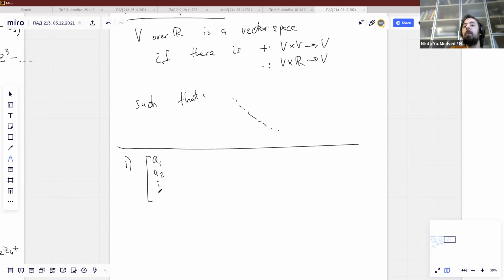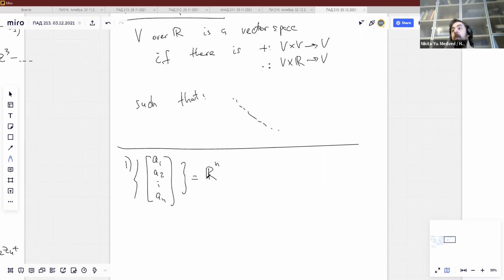If you have the set of all possible columns like this for all possible A1, etc., AN, then this set we denote with the symbol R to the nth power. Okay, and this set is quite useful.